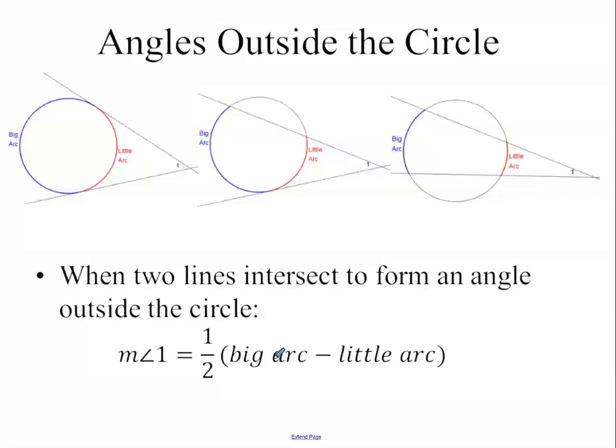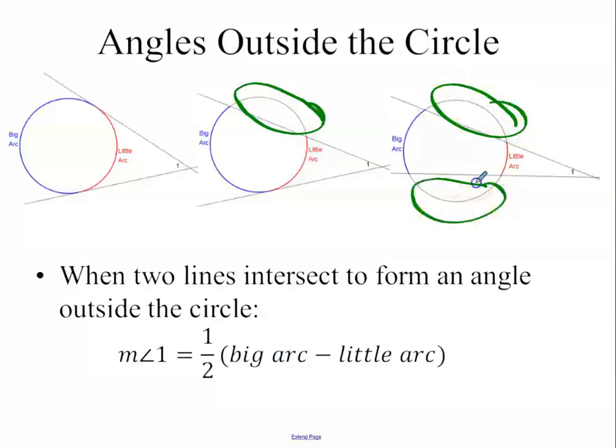And I just want to emphasize this bit right now. When I say the big arc and the little arc, I mean within the angle. So not necessarily the biggest section of the circle overall. This arc over here, this arc over here, this arc over here, those are completely irrelevant in actually finding the angle. Now, they may be beneficial if we don't know one of the arcs, but in actually setting up the formula, they will not be utilized at all because they're not inside the angle.